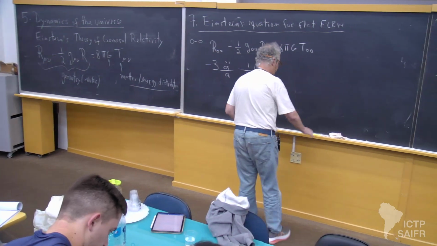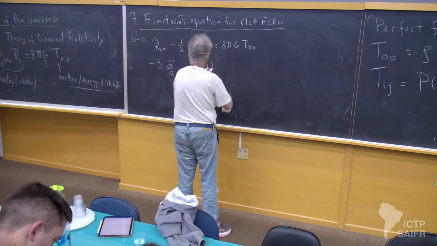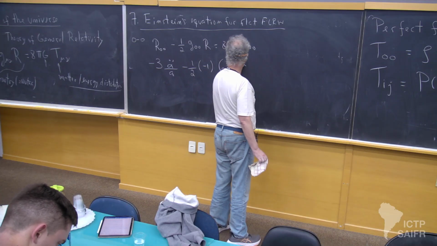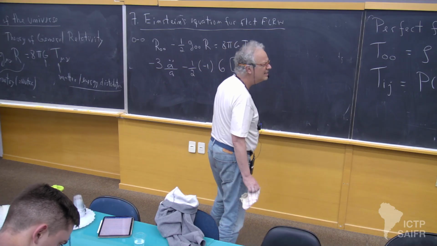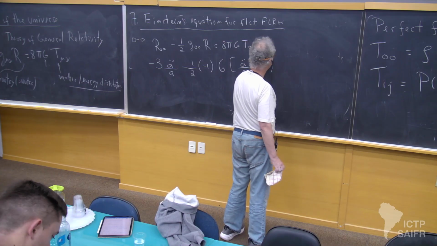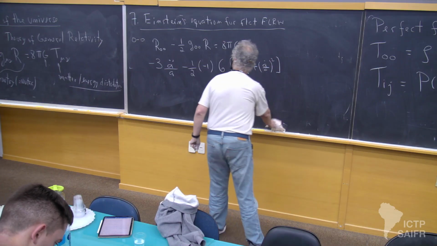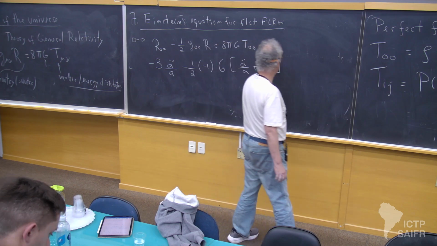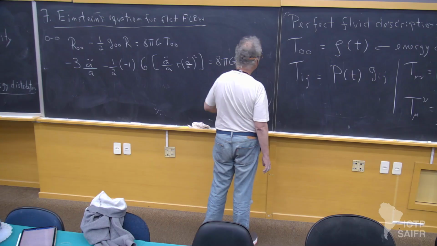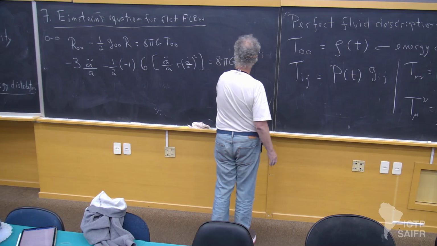It's 6 times a double dot over a plus a dot over a squared. So this is the left-hand side, and the right-hand side is just 8 pi G T_00, which is rho of t.